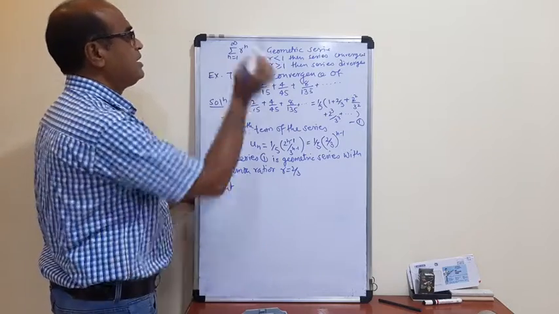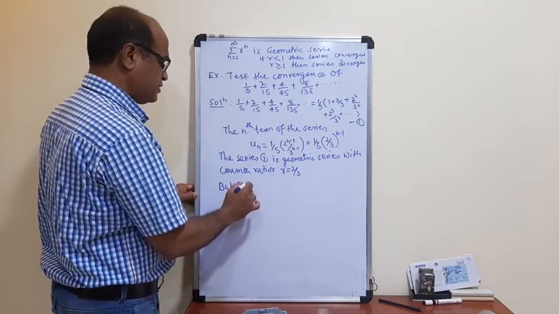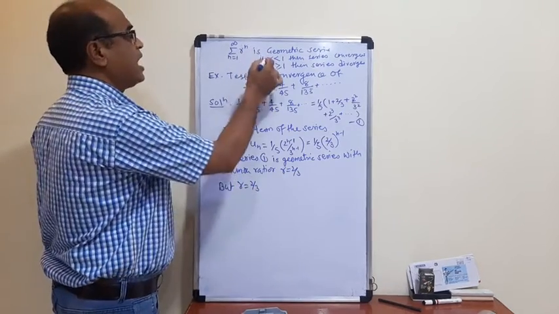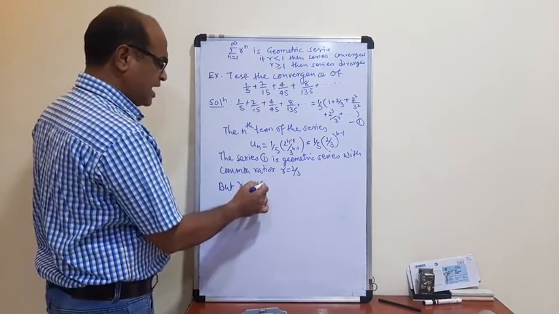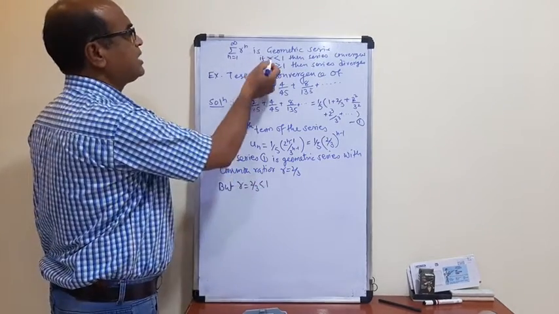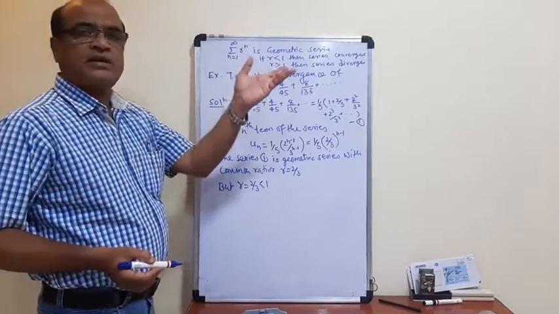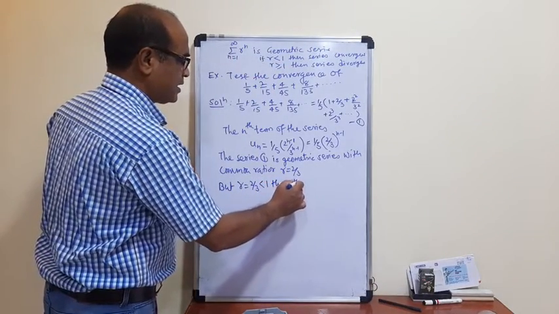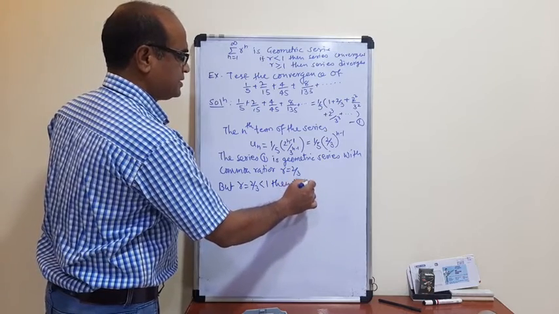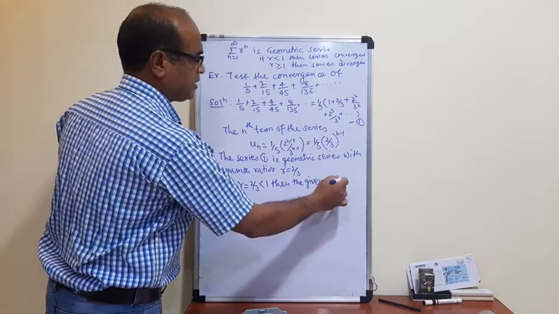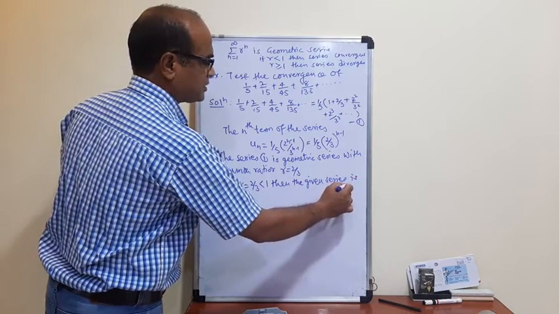So r is equal to 2 by 3, and 2 by 3 is less than 1. So r is less than 1, then the series converges. The given series is convergent.